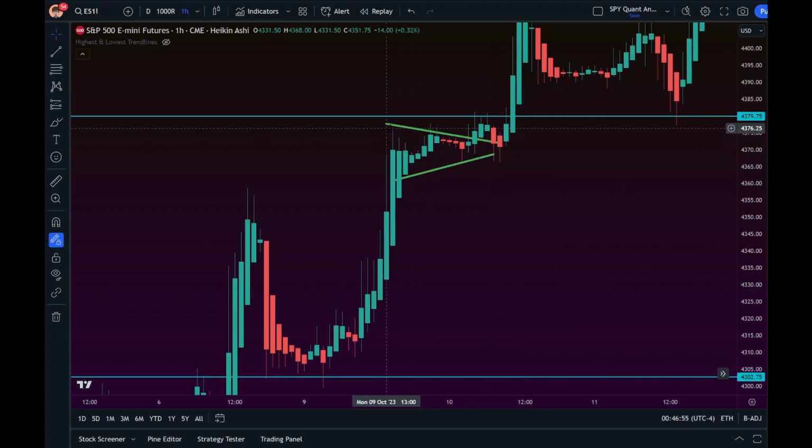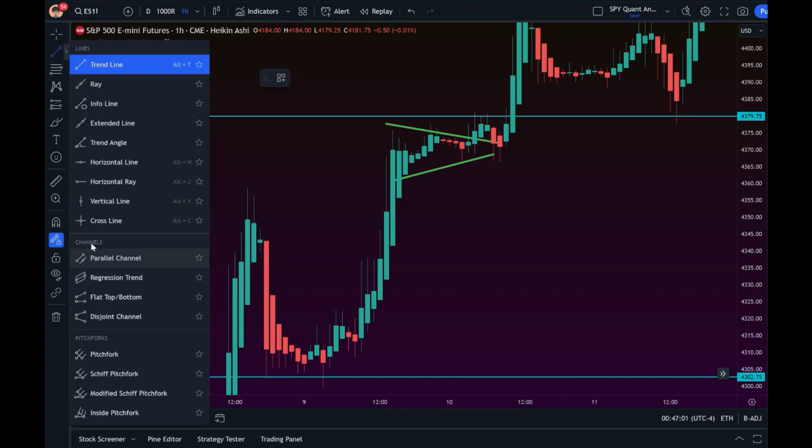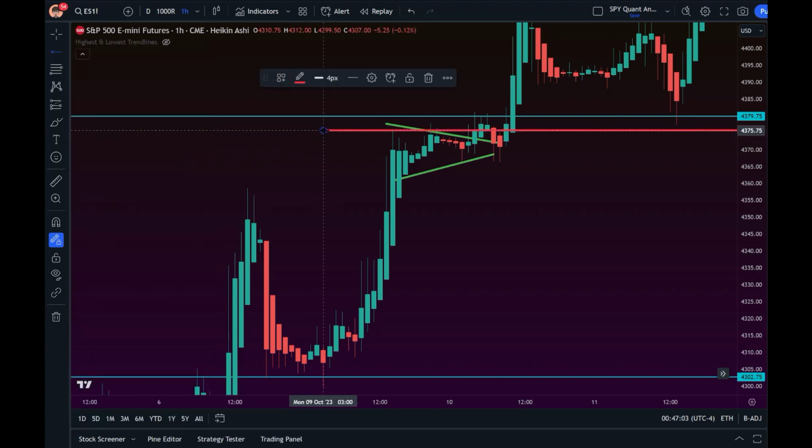And there you go, you have your bullish descending wicks, which confirms a breakup over the highest wick, which would be right here. And we did break up quite a lot from that.